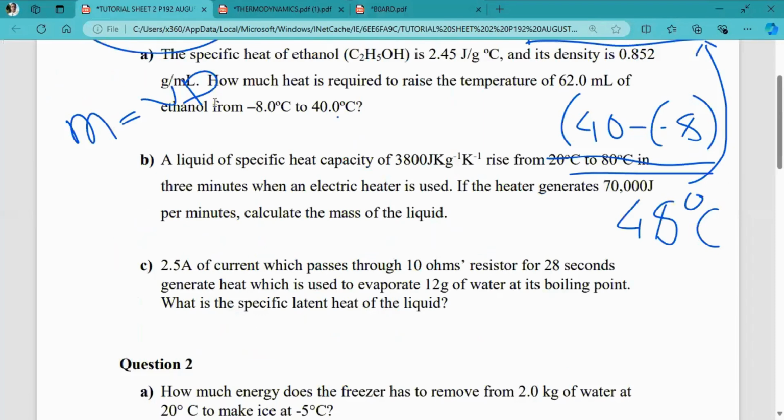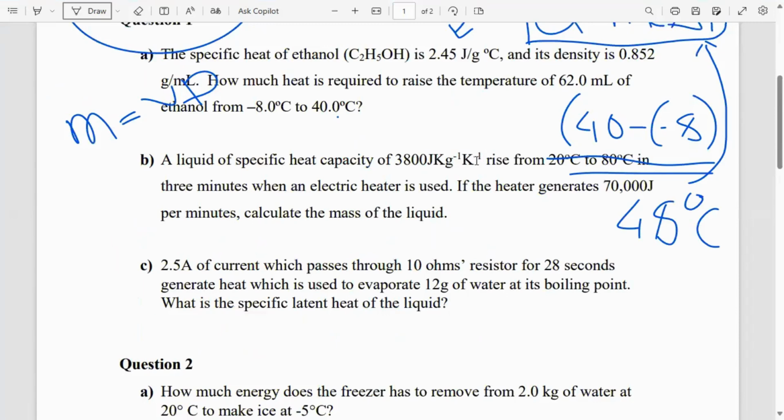So let me check if there's anything that we need to do now. Okay, so they've given us the units of specific heat capacity in Kelvin, and they've given us the temperature in degrees Celsius.